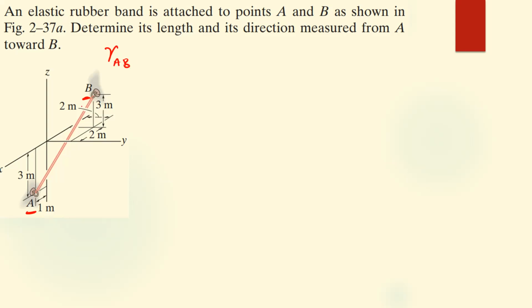If we are moving from A to B, we'll have to move from where? This one is in 3D, so we expect to have I, J, and K. So this means that we have to move like this. We can move from there, then from there, and then we go like this. Then from there, we move like that.